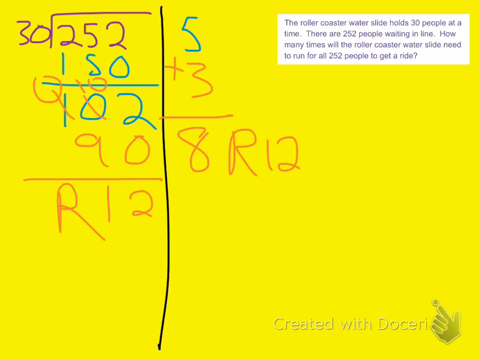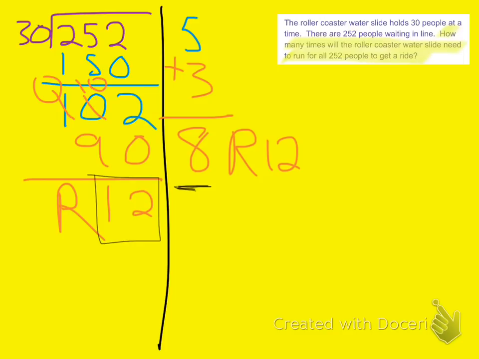Now if we look at our question, it says, how many times will the roller coaster water slide need to run for all 252 people to get a ride? Okay, so we're at 8 runs so far, but this 12 over here, the remainder, that represents the next 12 people in line.